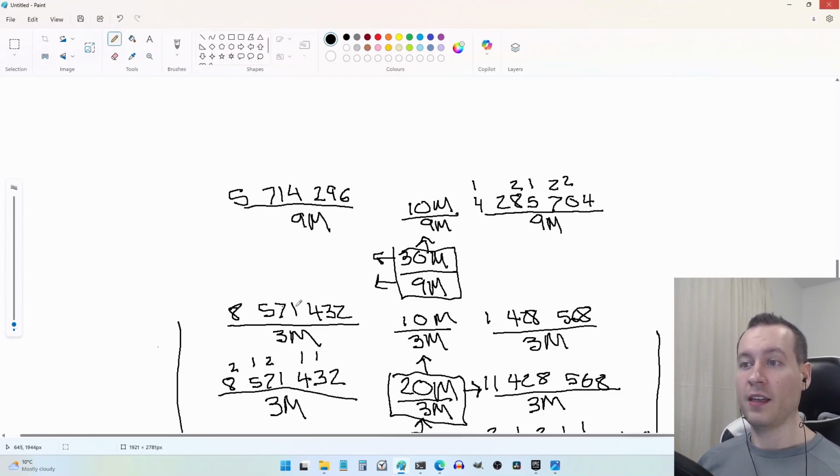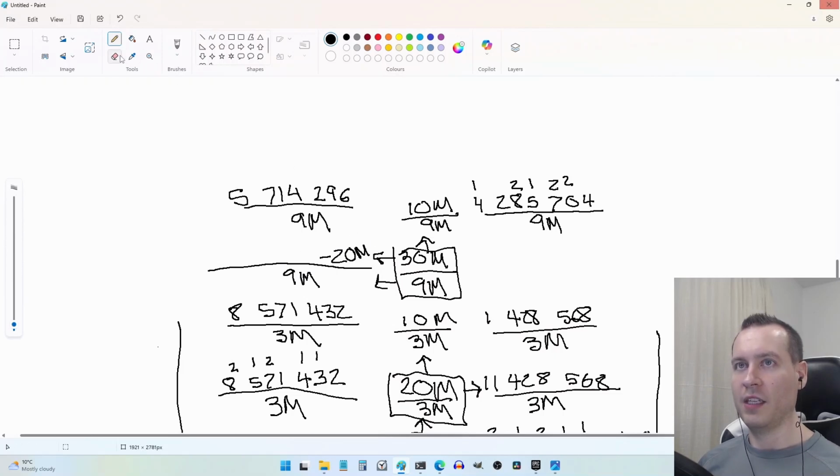Okay, so now let's get this number over 3 million to equal over 9 million, and we'll reduce the supply of 20 million over 9. So it's going to be subtracting 20 million, and this will all be over 9. So then we have to multiply this value to see what we have to be subtracting by 20 million.